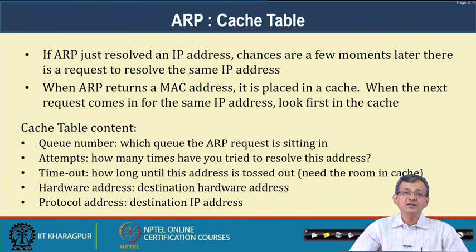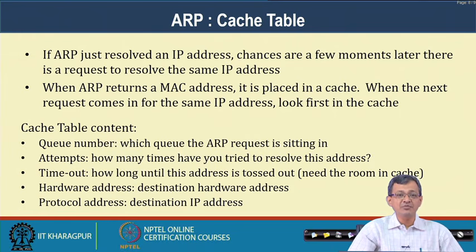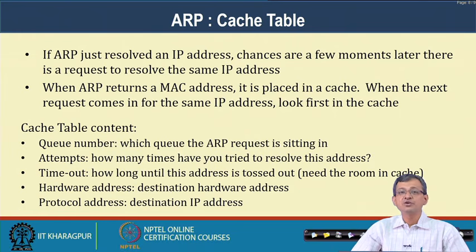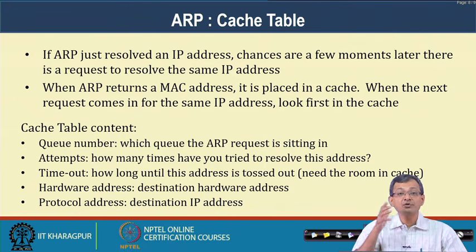So, cache table: if ARP has just resolved an IP address, chances are that a few moments later there is a request to resolve the same IP address. When ARP returns the MAC address, it is placed in the cache. When the next request comes for the same IP address, it looks at its cache and replies back. So, it saves time, saves network bandwidth, and so on.